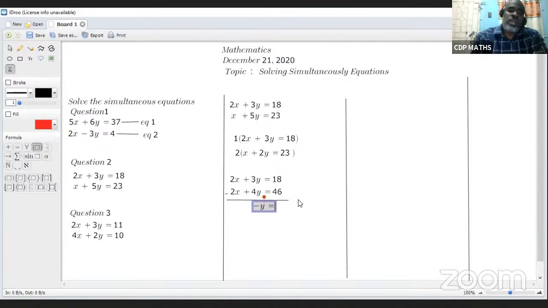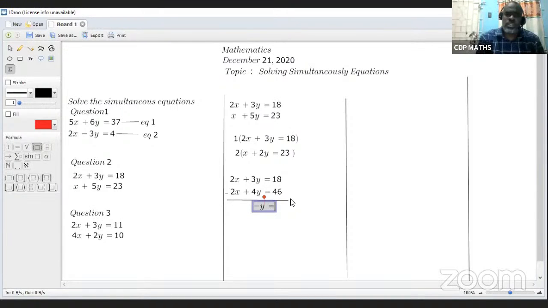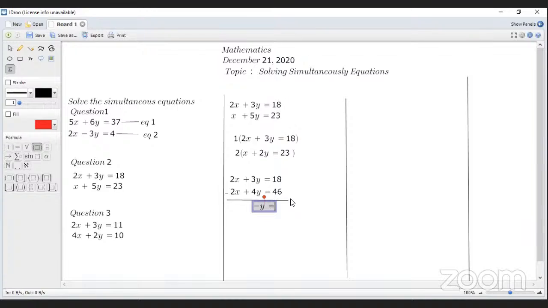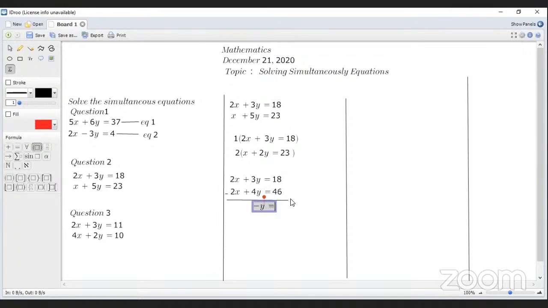And then 46 from 18 is going to give us negative what? What is it going to give us, class? Negative 28.